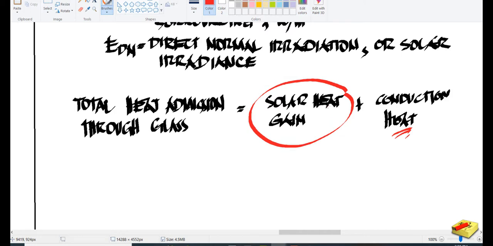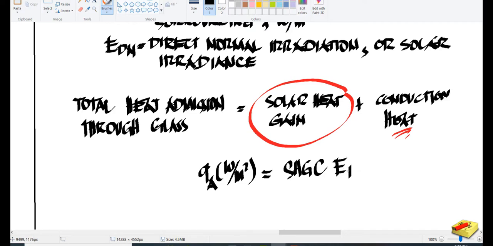So this equation can be written as Q absorbed, usually the unit will be watt per square meter, so that will be the flux. So we have your equation: solar heat gain coefficient multiplied by your total ET.